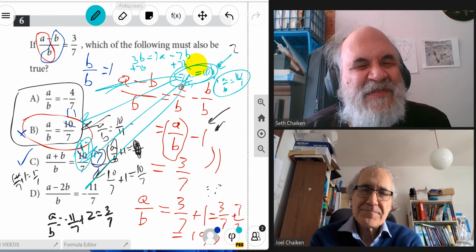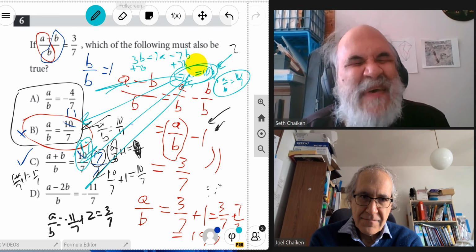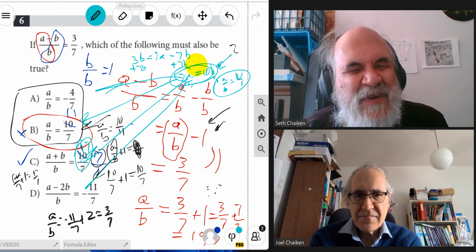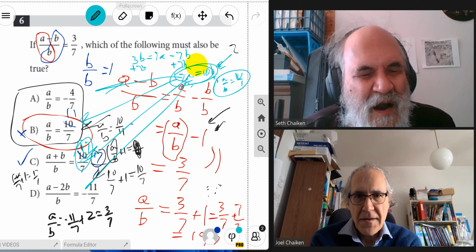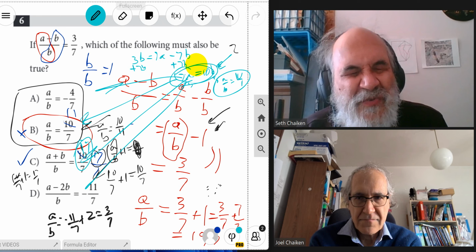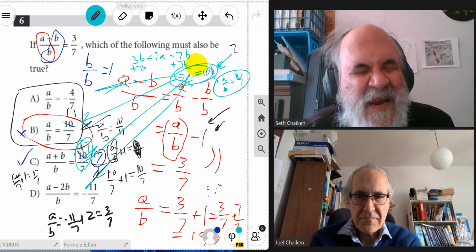So in these situations, we have one equation and two unknowns. You cannot pin down each of the variables, but you can manipulate the equation to get a more useful relationship between the variables.